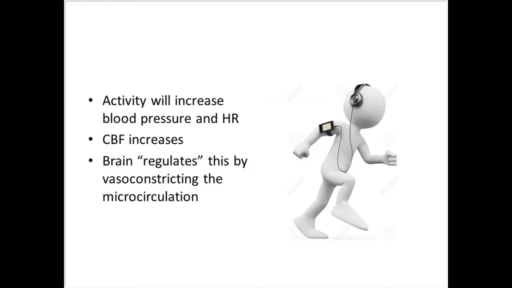So between 50 and 150 mean arterial pressure, with activity, we'll see an increase in blood pressure and heart rate, as well as cerebral blood flow will increase. And the brain says, oh, I've got plenty of blood. And so it regulates this by vasoconstricting the microcirculation.